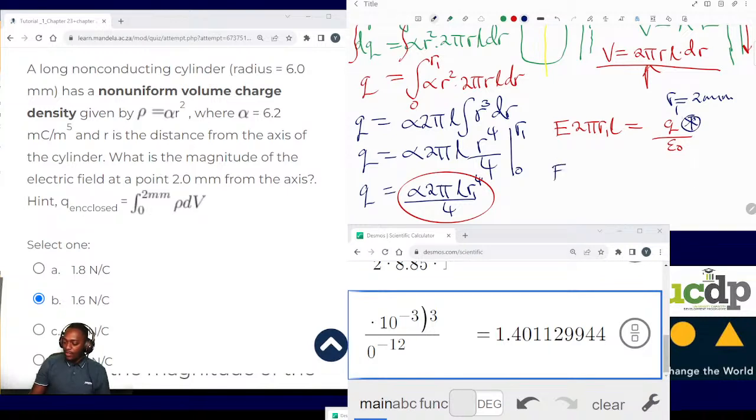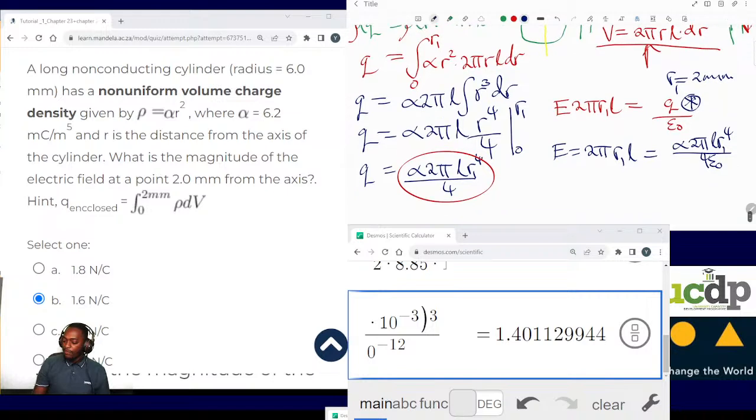So E times 2 pi r1 L is equal to alpha 2 pi L r1 to the 4 over 4, divided by epsilon naught.